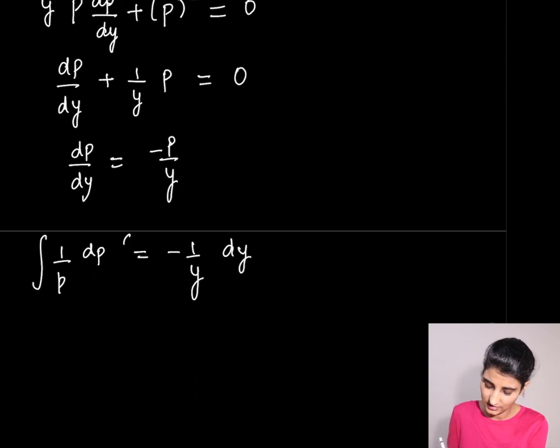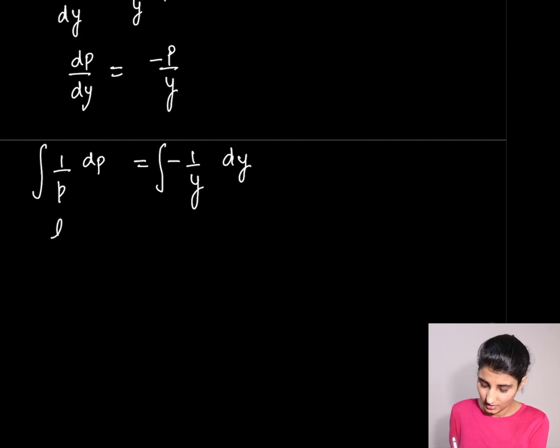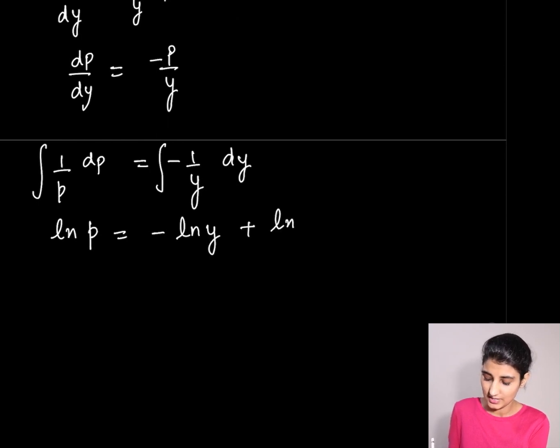The integral is equal, right? So ln p is equal to negative ln y plus ln c1.